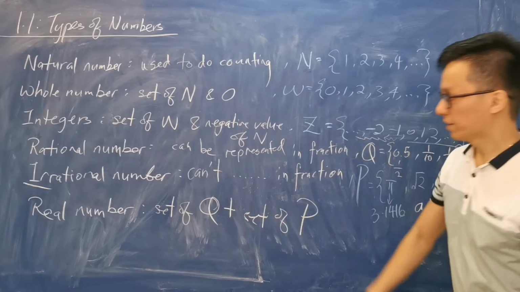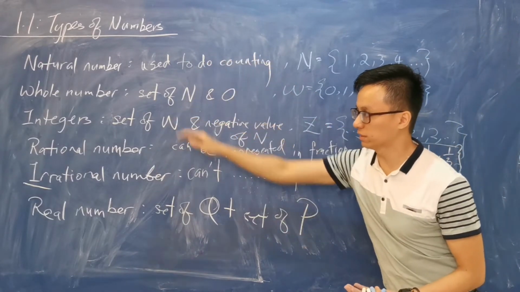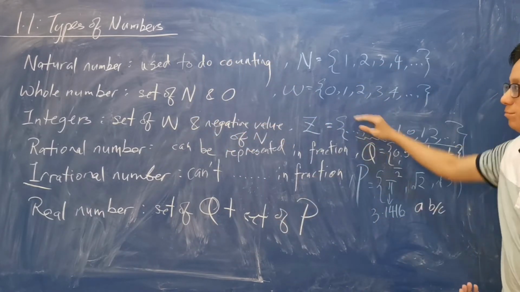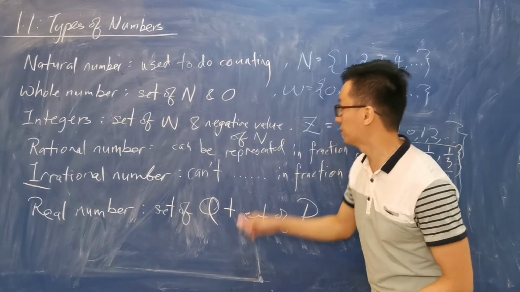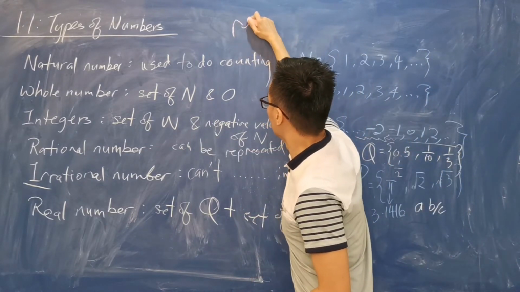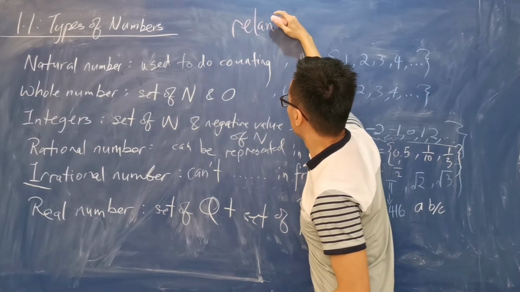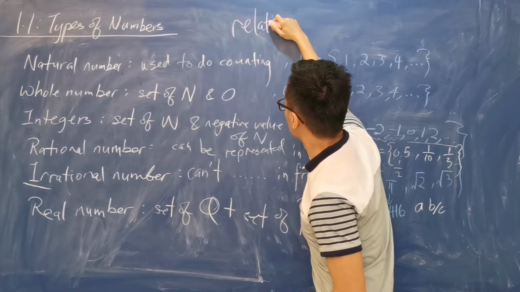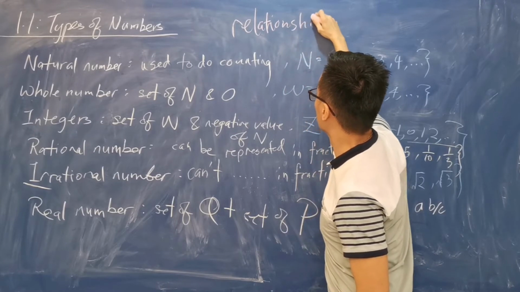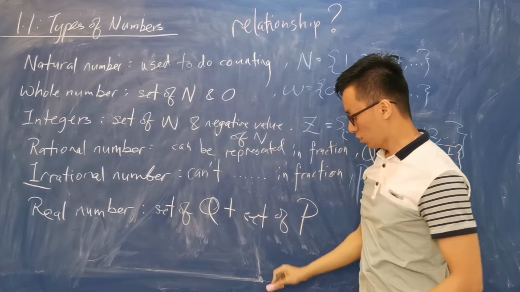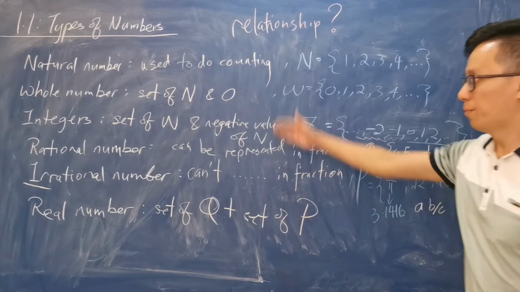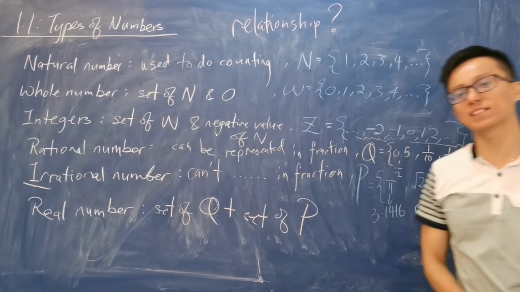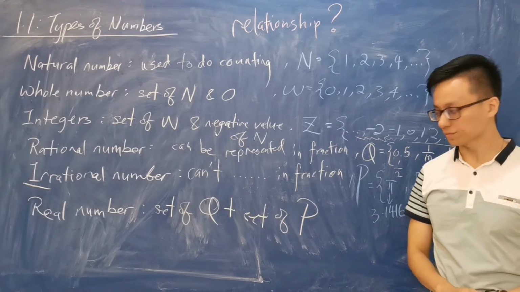Okay, so now we know all the definitions and examples of these 6 types of numbers. So, question: what is the relationship between all these types of numbers?